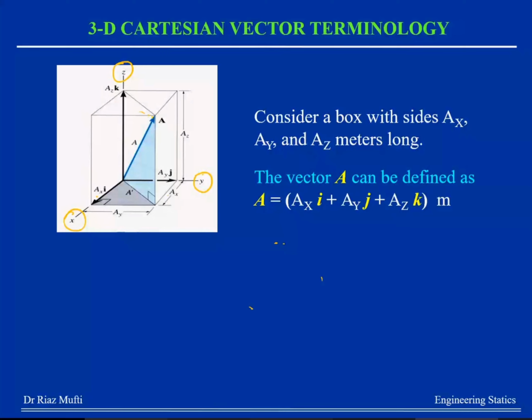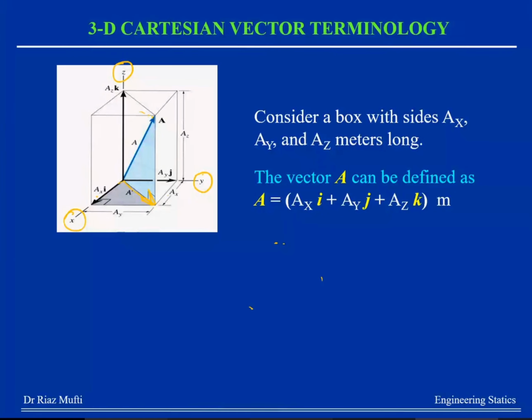So I had my A dash out. Once I've got that in my XY plane, it is 2D. I can divide into two components, x and y. Is that clear? So that's how I can divide my 3D vector into three components.